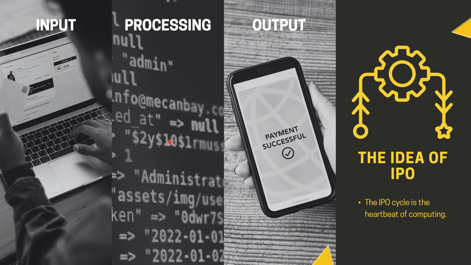And the output is the order confirmation and maybe even an email receipt that you get. So this input-processing-output cycle, you can think of it as the heartbeat of the computer.